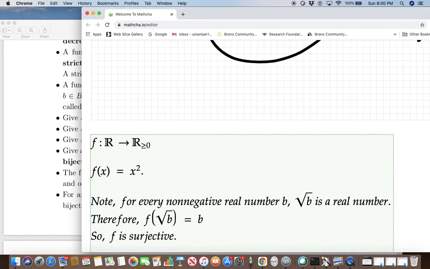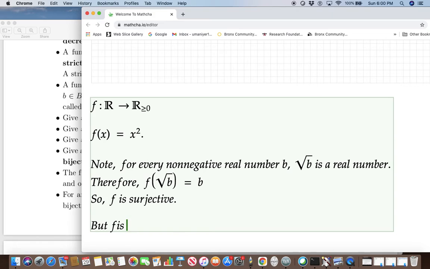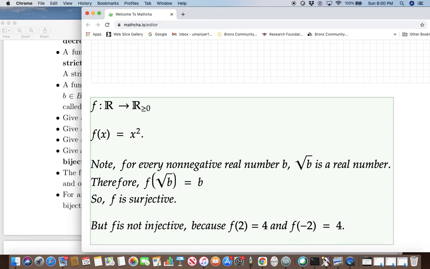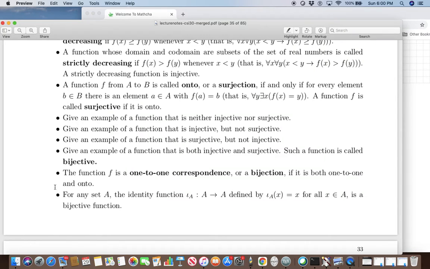But f is not injective because I can find 2 distinct numbers, 2 and -2, who have the same image, 4. So this f is surjective but not injective.